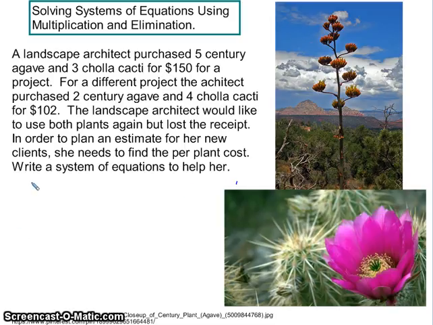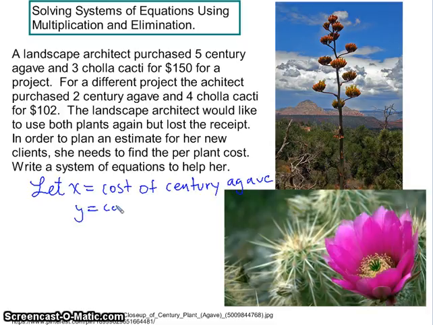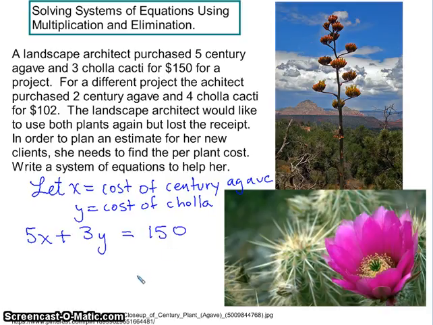So let's start by defining our variables. If we let x equal cost of century agave and y equal cost of cholla. For that first project, she bought 5 century plus 3 cholla and spent a total of $150.